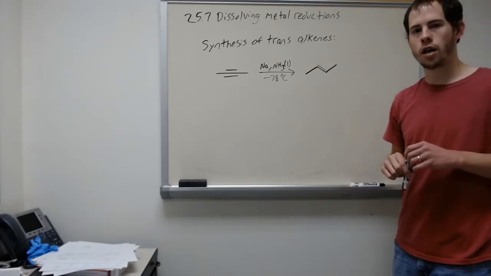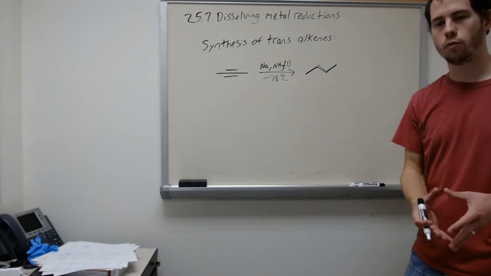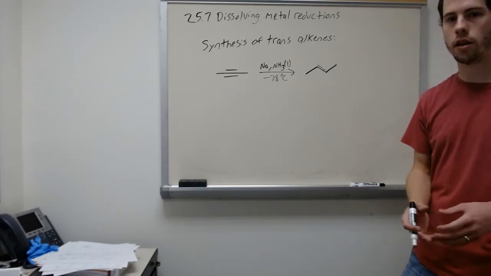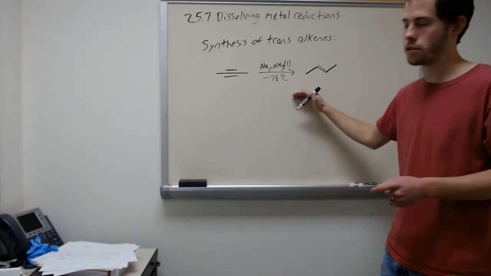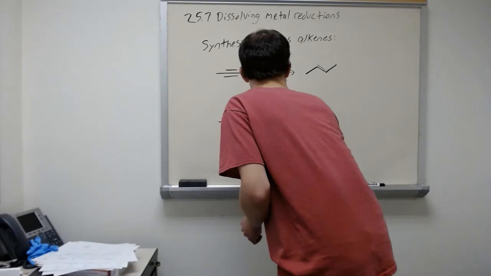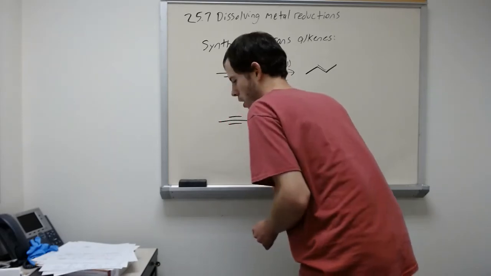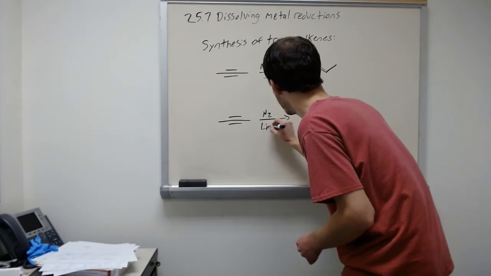And so a reaction we learned earlier in the semester was we were able to make cis alkenes from alkynes. So let's revisit that real quick before I go into the mechanism. So we take the same alkyne and we treat it with hydrogen gas and Lindlar's catalyst.